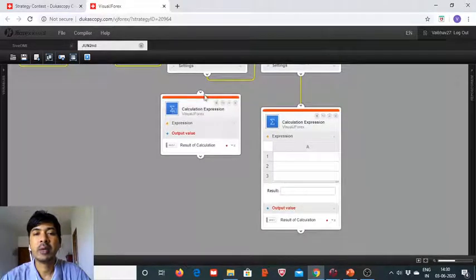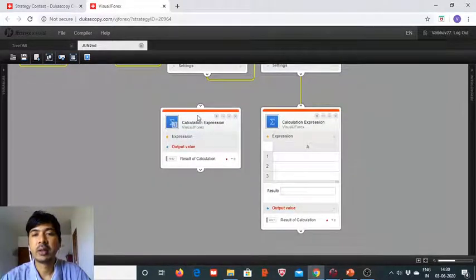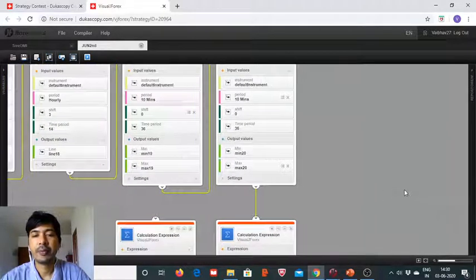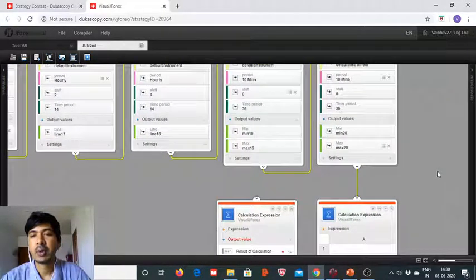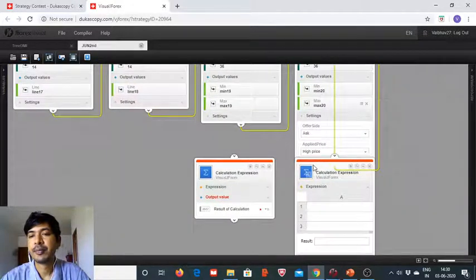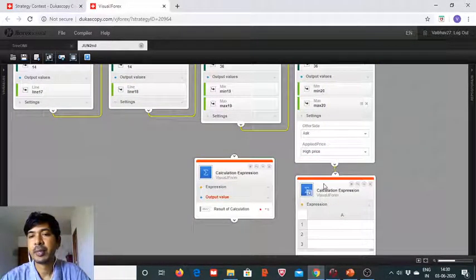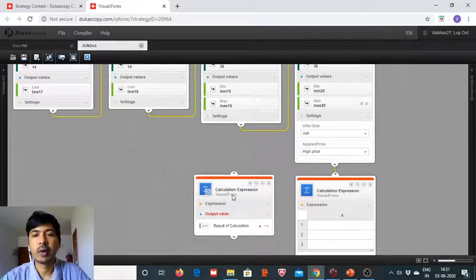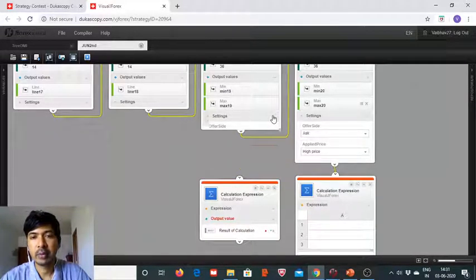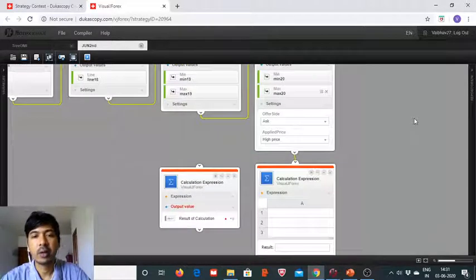So here we see to it. Now we will need to also make sure that if it is ask and the high price, we will take this for maxima, and if it is bid and the low price, we will be taking the minimum value here.